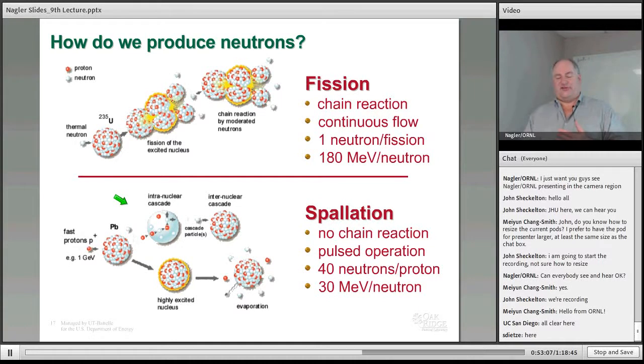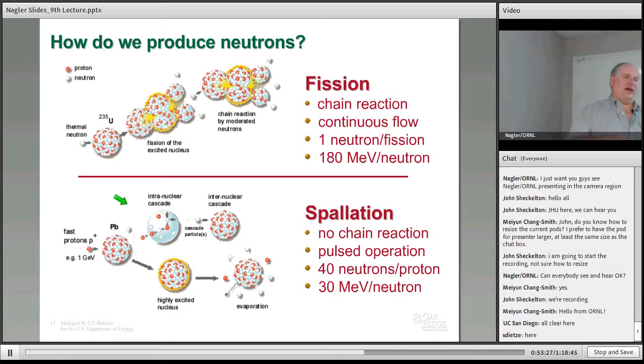So solid targets that have been used in the past include tungsten, lead, uranium. At SNS we use mercury. The mercury is in a continuous flowing loop. This helps remove the heat. And again, this produces a highly excited nucleus. It also does some other things.